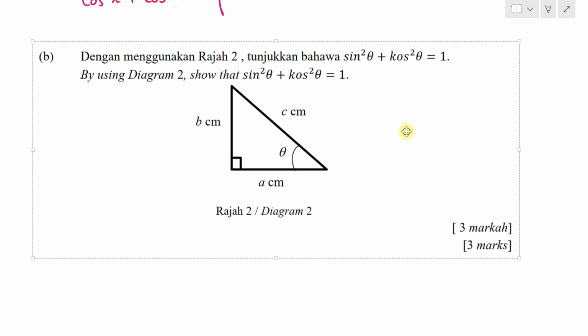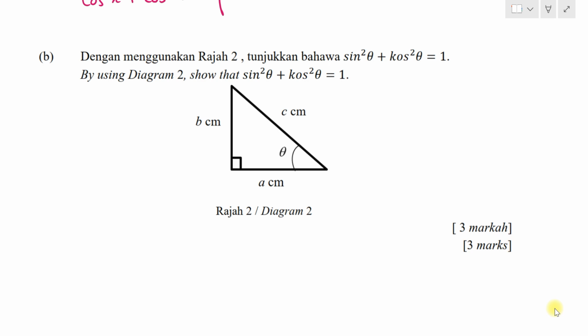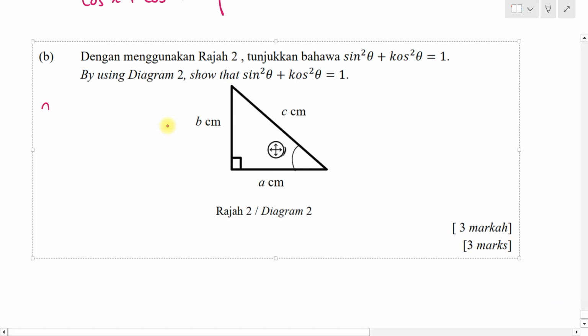So what are we asked? By using a diagram, show that sine square theta plus cos square theta is equal to 1. Very easy. You just create the sine theta and cos theta according to the diagram first.